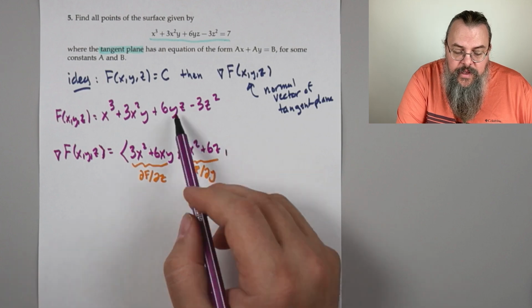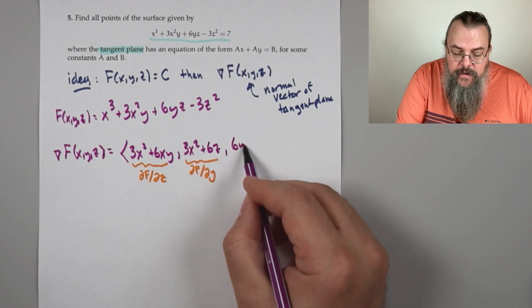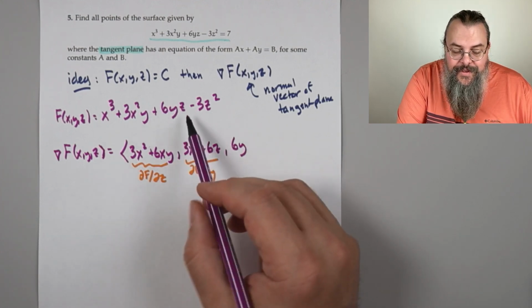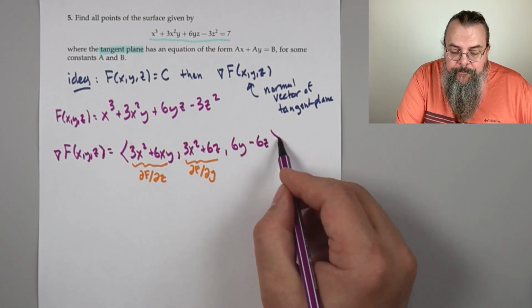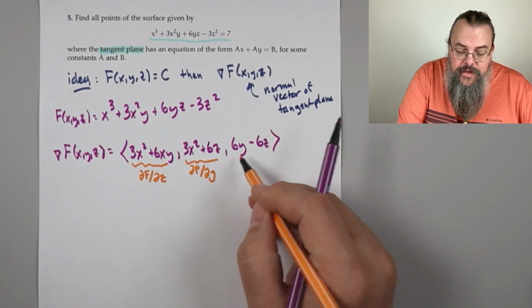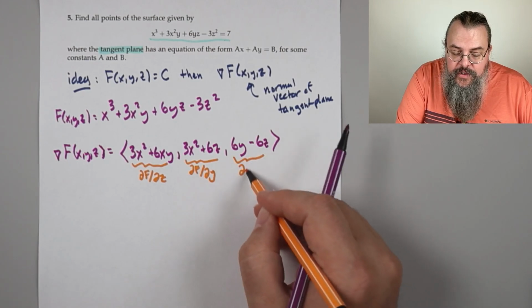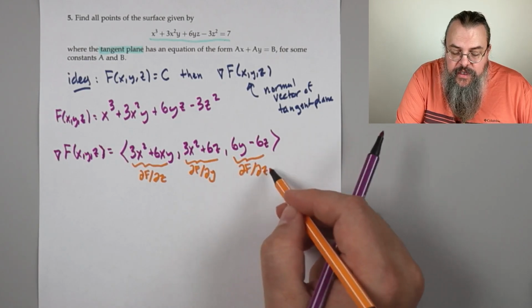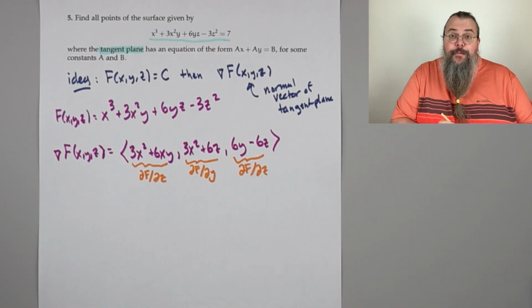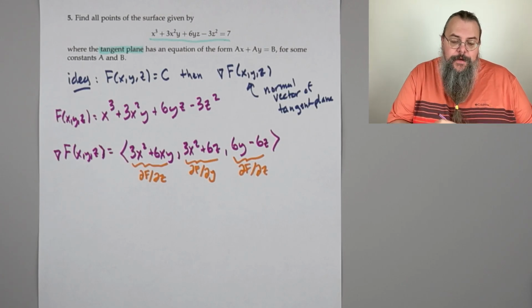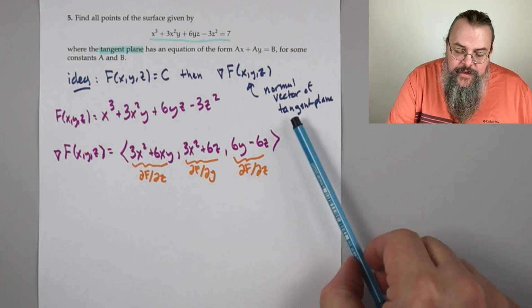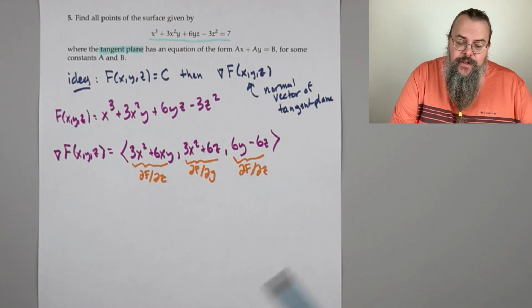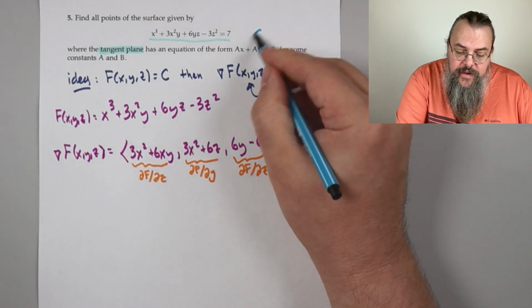Nope, nope. 6y, because y is constant, and minus 6z. All right, so there is our partial f, partial z. Now, what do we know? We're after a very particular form for our tangent plane. And the normal vector comes from our gradient. Look at what's the normal vector here.